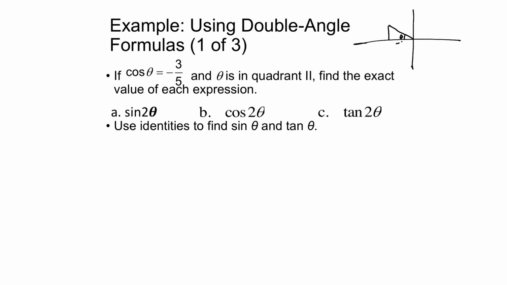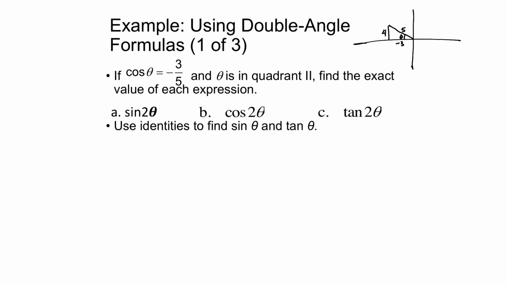So that would be adjacent over hypotenuse, so negative 3 over 5. This tells me this is going to be a 3, 4, 5 triangle. Those always work out to be those numbers there. And so that'll give us some of the other sides here that we can use to find the following expressions.